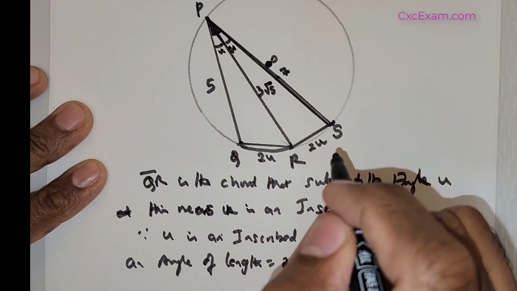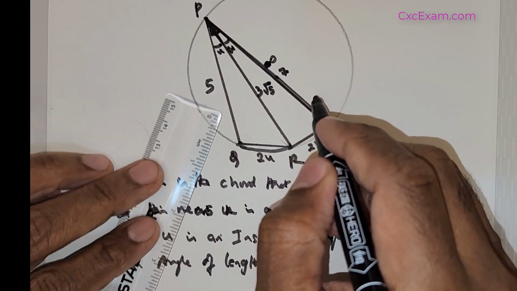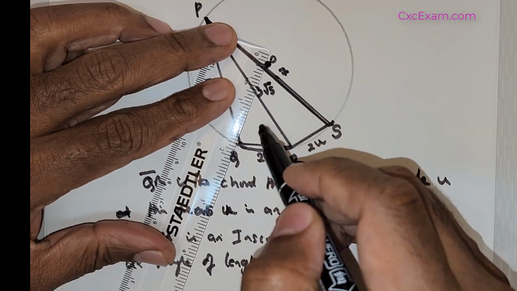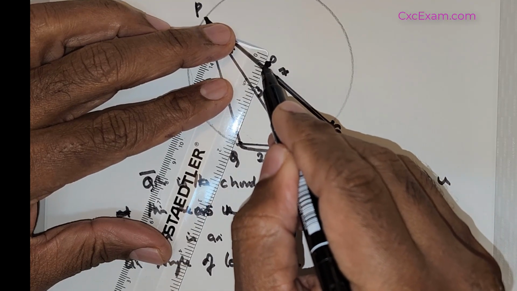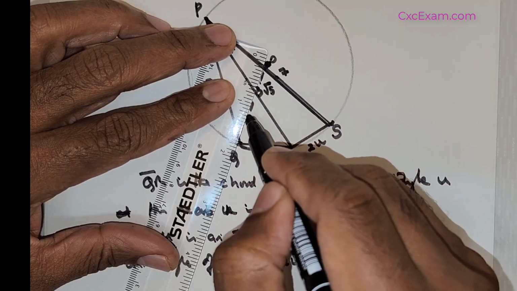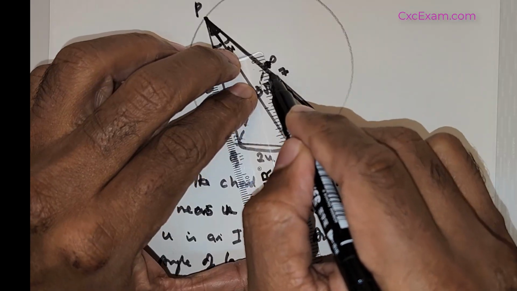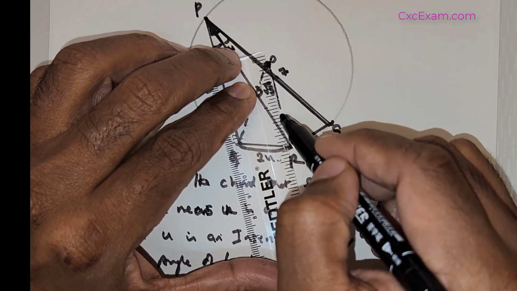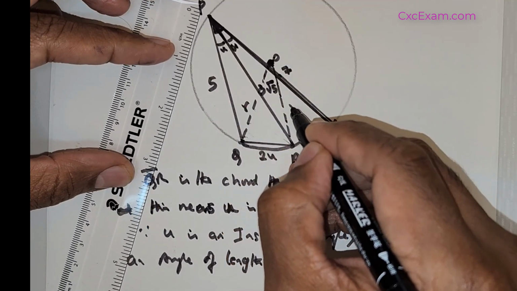Okay. Now what I want to do is connect O with Q and O with R. So let me give a dashed line, O with Q and O with R. Now these are going to be the radii.